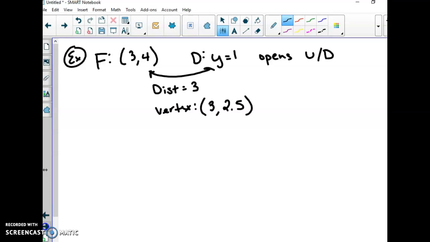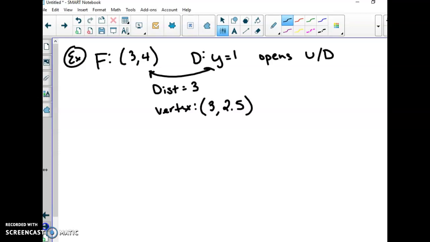Well, now I've got enough information that I could figure out my a value based on the focus and the vertex, or I could use that alternative form in order to calculate my p value, which is that 1 over 4p. Same thing.